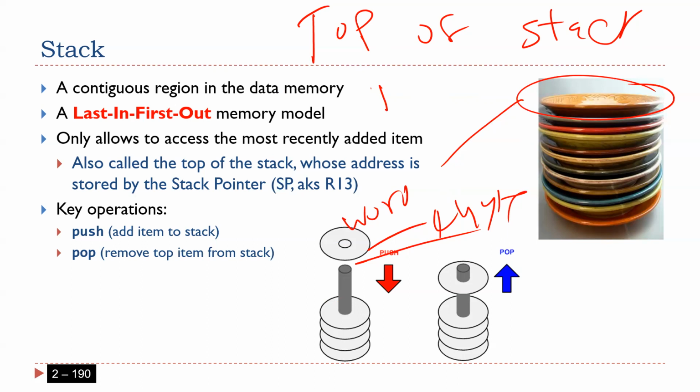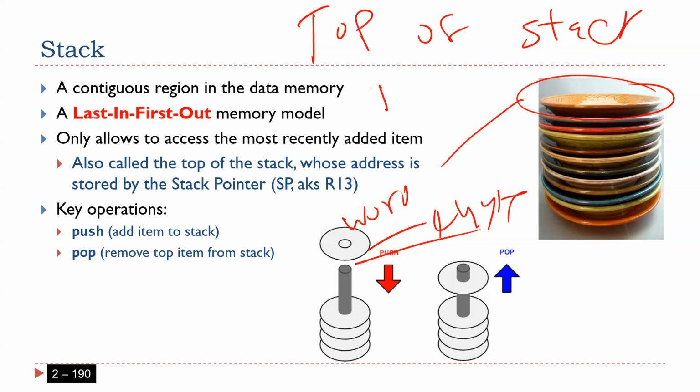Imagine every box here is a word, and we have a pointer. We used pointers in this course all the time. The PC, program counter, was a pointer. Even if you want to read an array, you have to put the address in a register and use it. It's exactly the same thing.